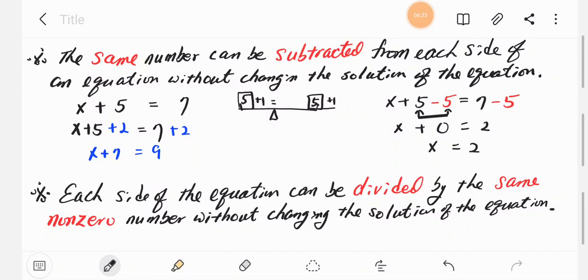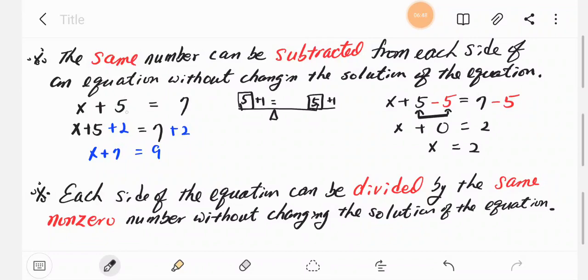So you can either add a number to each side or subtract a number from each side. In this case, isn't it better to subtract a number? Because we have x plus 5, so x is together with 5 with a plus. Then subtract, minus 5, so that makes 0.